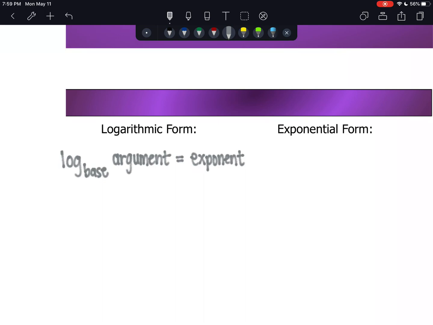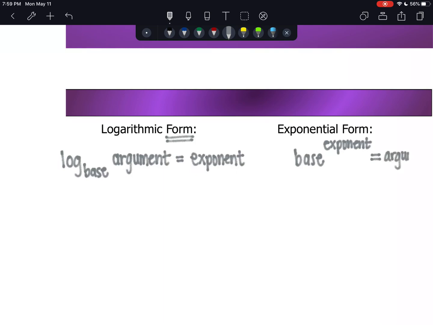Now we can take this logarithmic form and we can write it in exponential form. Exponential form is something we're very comfortable with. We take that base and we raise it to an exponent, and an exponential is the result. It's the number we get. So it's the argument.